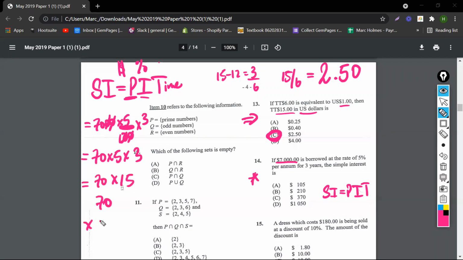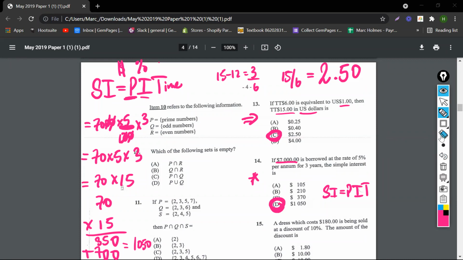Remember, we don't have a calculator in this exam, so we need to multiply it out. 5 times 0 is 0, 7 times 5 is 35. Then the next row is going to be 0, 1 times 0 gives me 0, and 1 times 7 gives me 7. So 700 plus 350 is my answer, which should be 1,050. So my answer is D, 1,050.